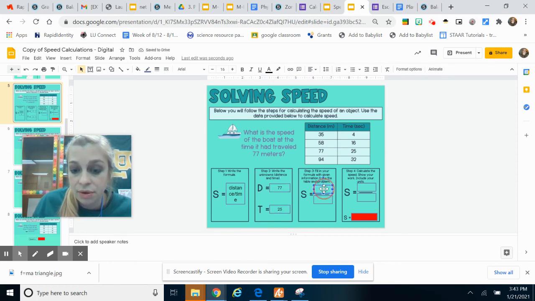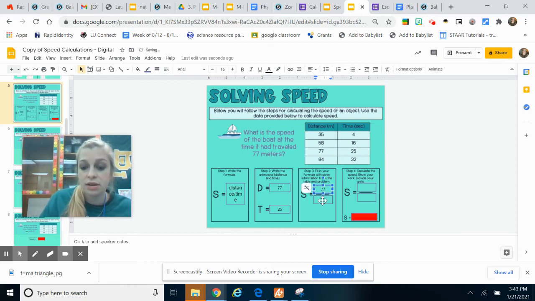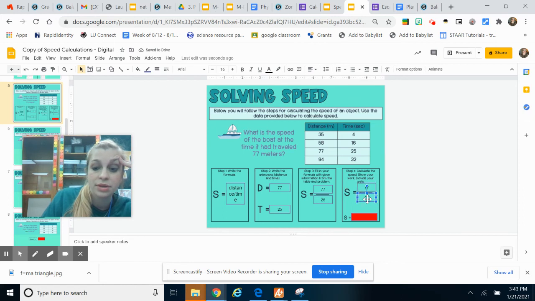Step 3, fill in the formula with the given information. So distance, 77, time, 25. I'm just plugging in the formula the same as the triangle. So now I'm going to calculate my work, and I'm going to calculate my answer.